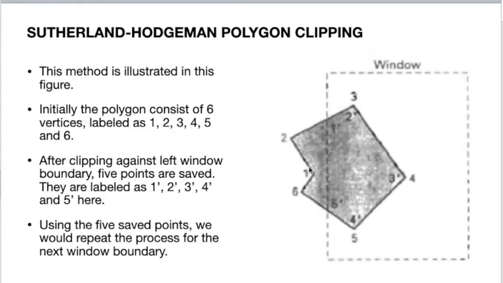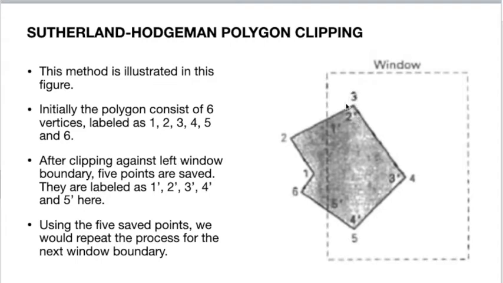Here it is an out-out pair, so nothing is saved. Then you take the next pair, 2 and 3. Here 2 is out and 3 is in, so it is an out-in pair. You find an intersection point 1 dash, which is saved, and vertex 3 is saved as 2 dash.